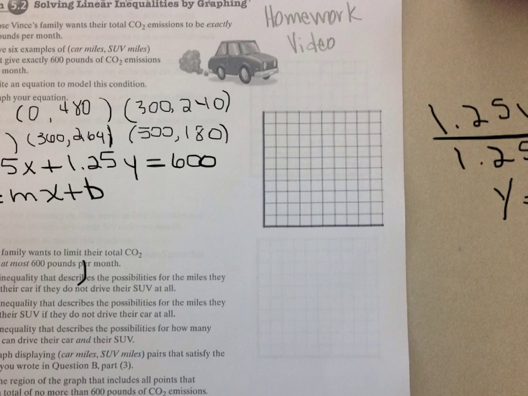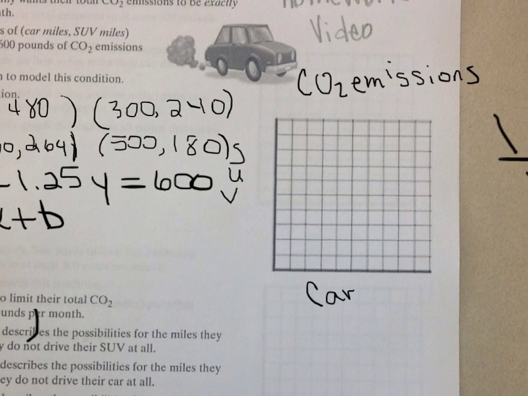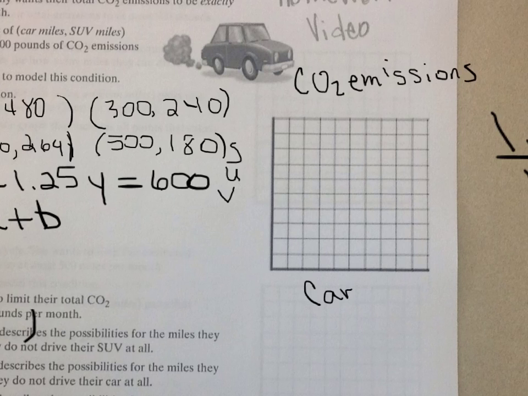We're going to label the x-axis our car miles, and our y-axis SUV miles, and the title is carbon dioxide emissions. Alright, and each interval is going to represent 100 miles.